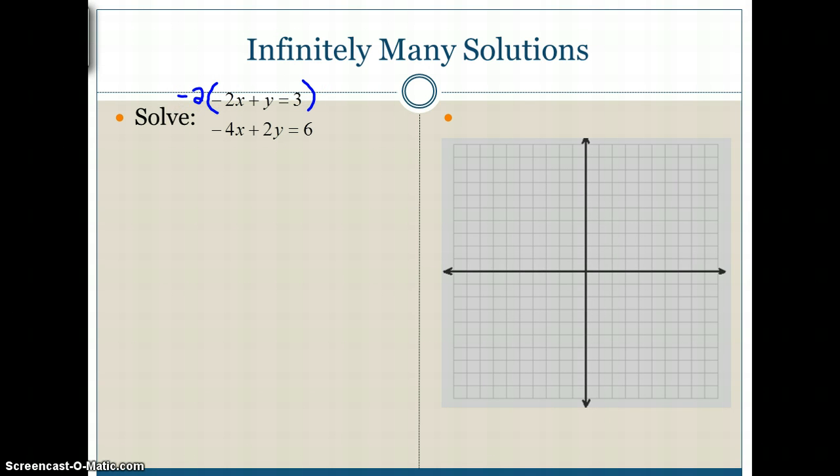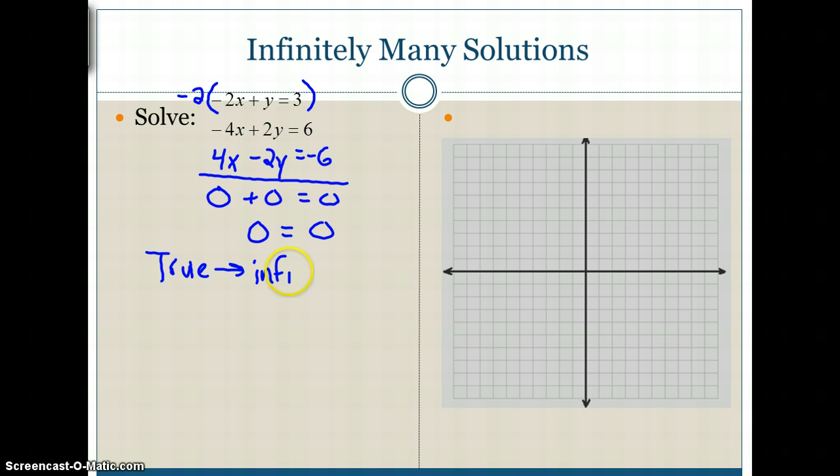So I get positive 4x minus 2y equals negative 6. If we look at these, I get 0 plus 0 equals 0. I get 0 equals 0. That's true.